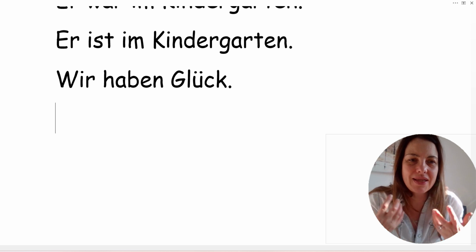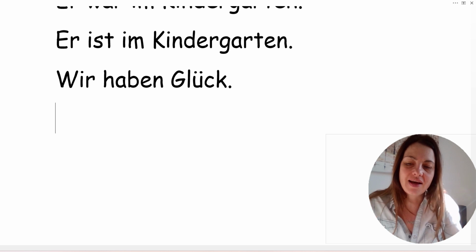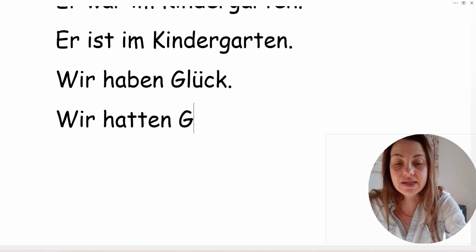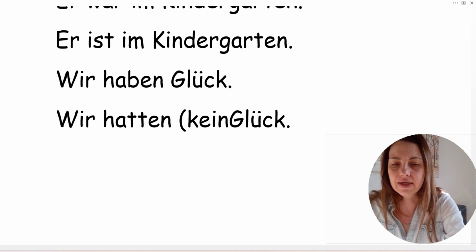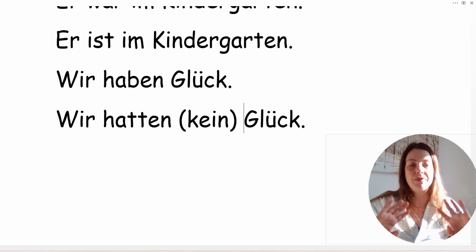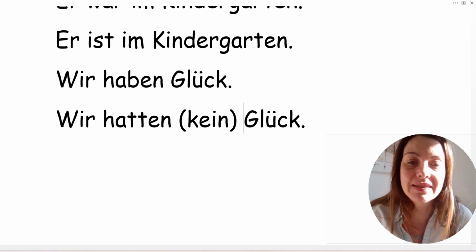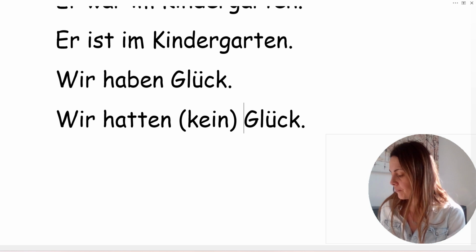It means we're lucky now, but before we were not lucky or we didn't have luck. Wir hatten. We can say wir hatten Glück. We were lucky, or we can put kein, meaning we were not lucky. Wir hatten kein Glück.